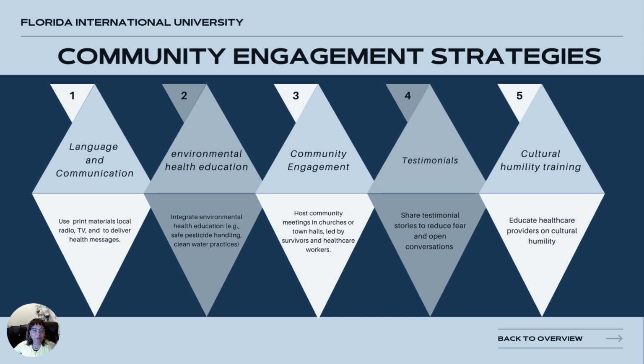By encouraging people who have survived this disease to share their testimonial stories, it could help to reduce the fear and open the lines of communication, right? And then there is the cultural humility training, which is very, very important. Training healthcare providers in cultural humility can also help to improve the outreach and trust, and also to probably decrease some of the stigmas that are felt.